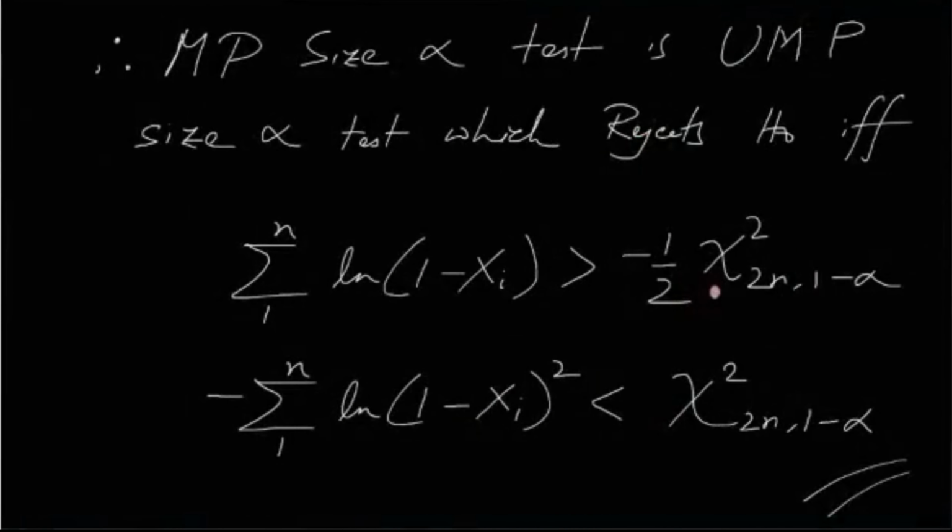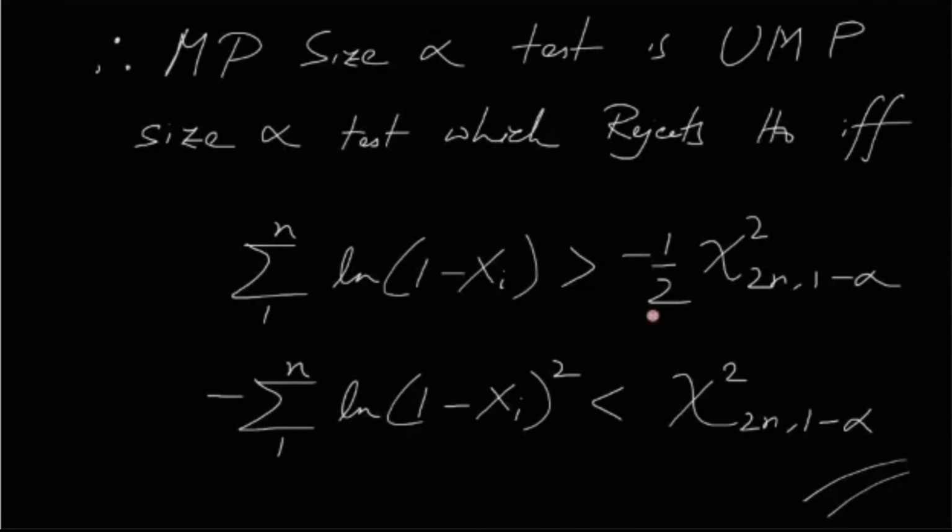Therefore, multiplying by minus on both sides, we get a minus, and the 2 goes to the LHS. Since it's a log, it's the natural log, so it's minus summation i running from 1 to n natural log of 1 minus xi whole square.